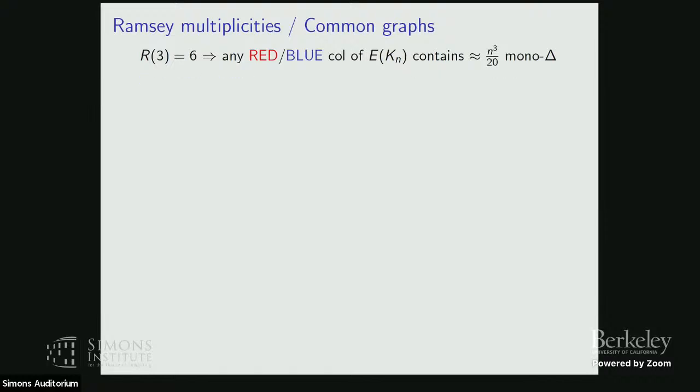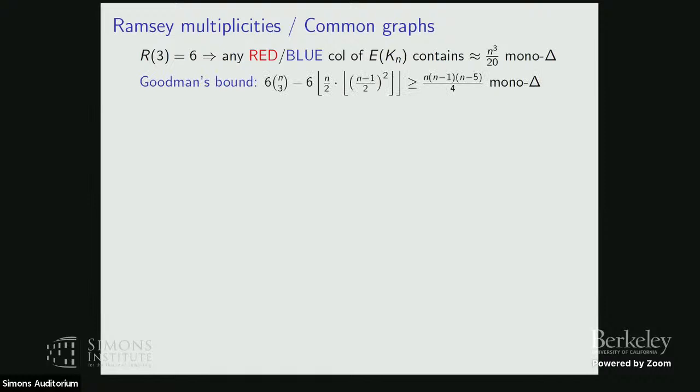Even this argument that just moves this window and applies Ramsey's theorem in each of these windows sounds a little bit wasteful, and it doesn't seem like this is the best way to count. And indeed, that's true.